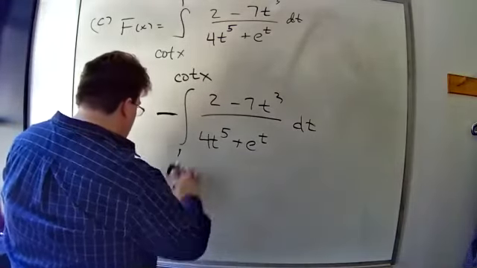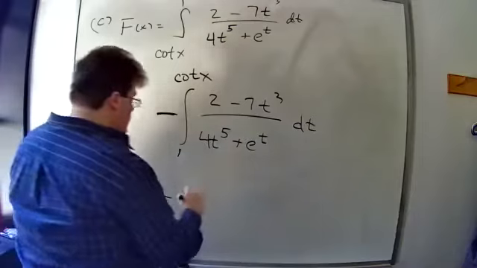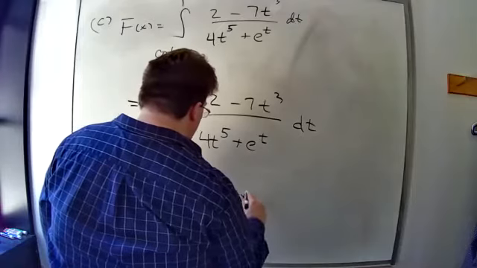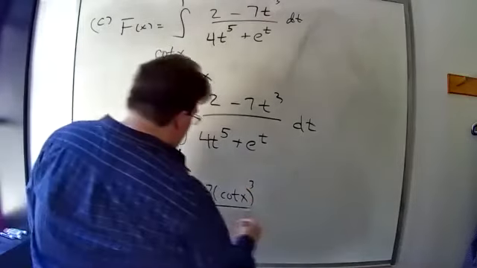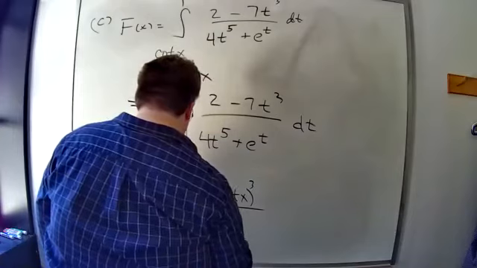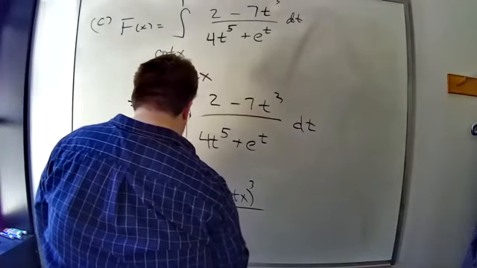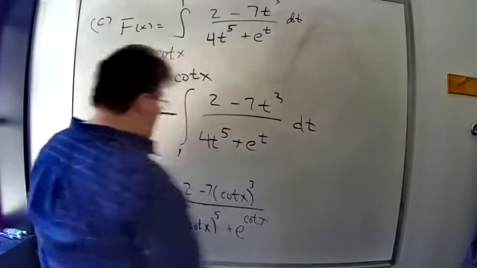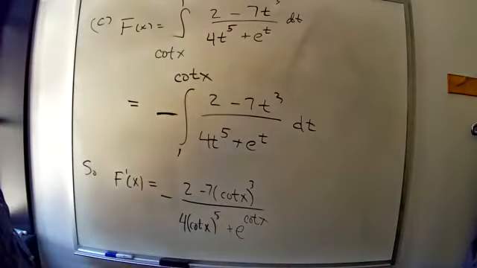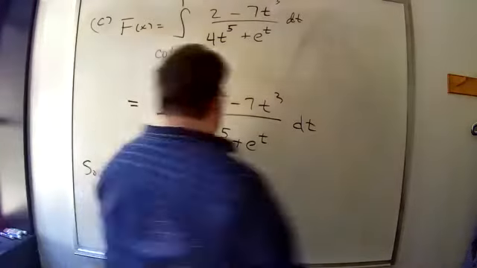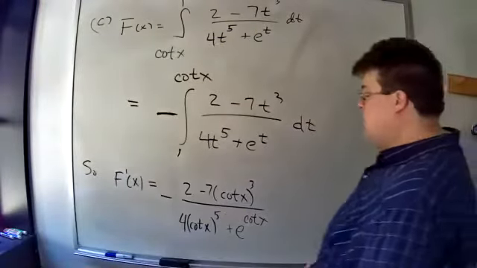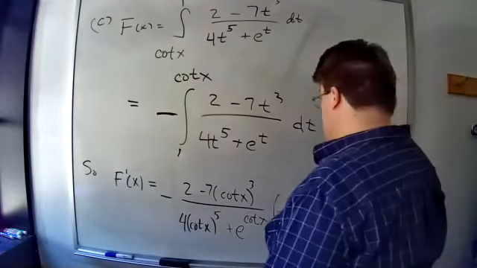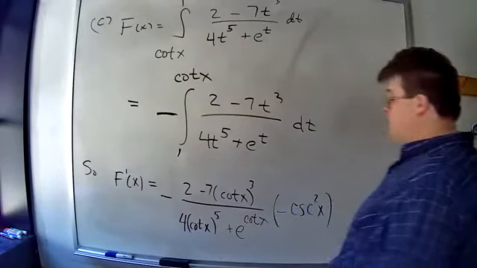We get negative 2 minus 7 cotangent of x cubed all over 4 cotangent of x to the 5th plus e to the cotangent of x. So replace all t's with cotangent, leave the negative, but then multiply by the derivative of cotangent x. What's the derivative of cotangent x? Negative cosecant squared of x.